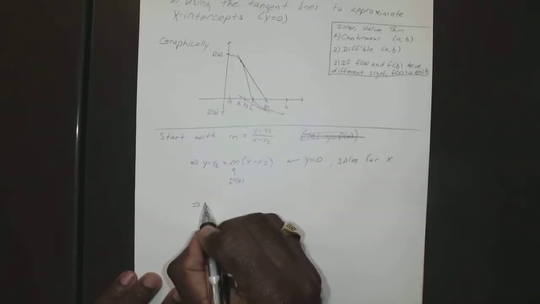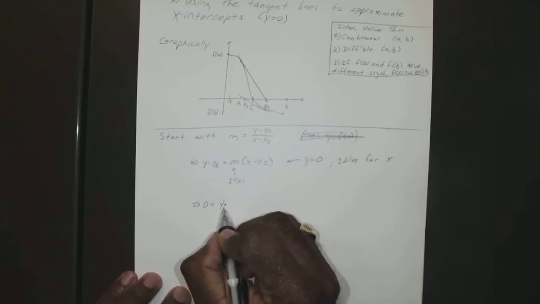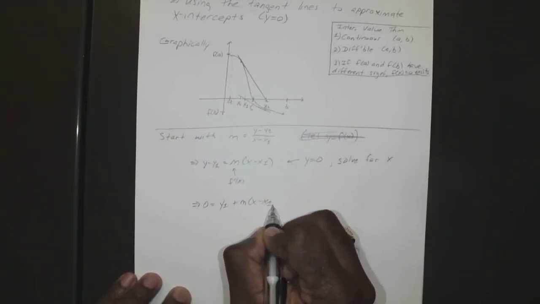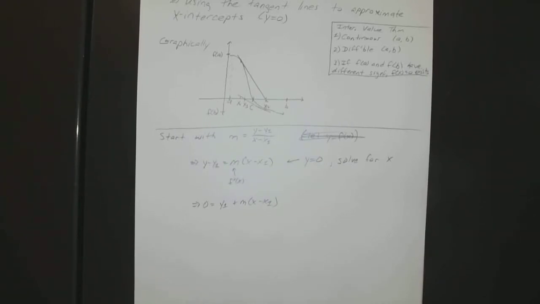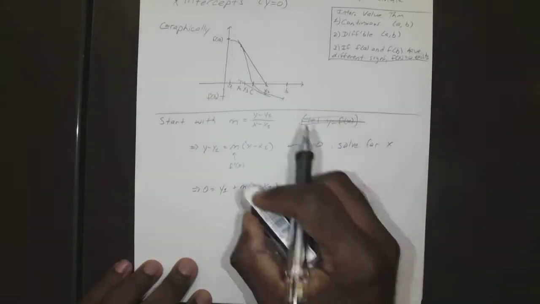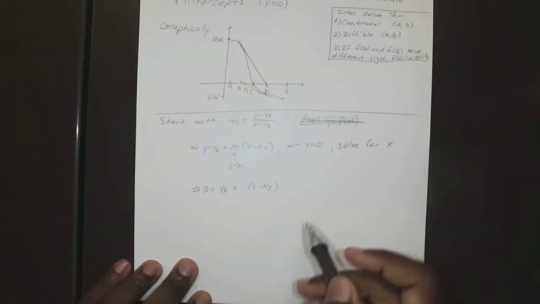There we go. So that's 0 equals y1 plus m times x minus x1. All right. Oh, that's right. We did already replace that with f prime of x. I don't know why I rewrote that.